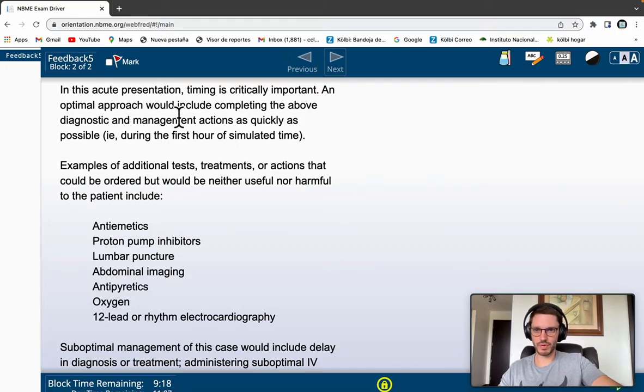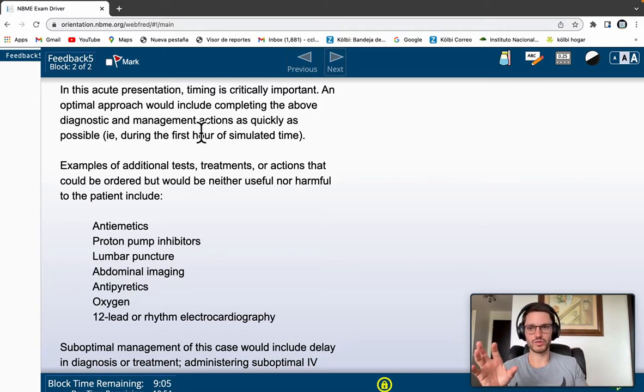An optimal approach would include completing the above diagnostic and management actions as quickly as possible during the first hour of simulated time. So when you receive the option to advance the clock, that's where you should stop the clock as soon as you have something useful to act upon.